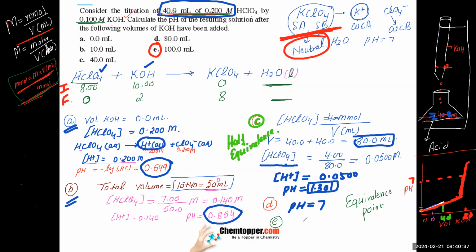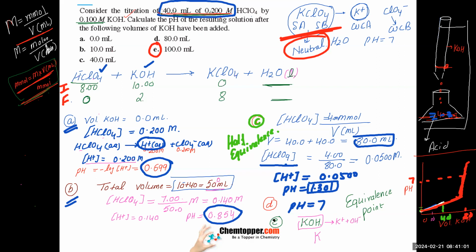Is it strong or weak? Is this KOH a strong base or a weak base? It's a strong base. KOH is fully dissociated into K plus and OH minus.